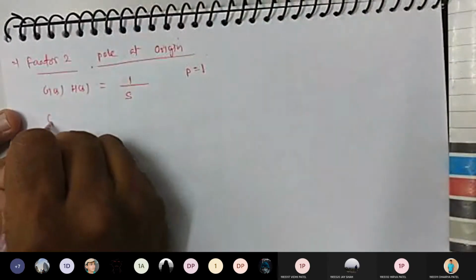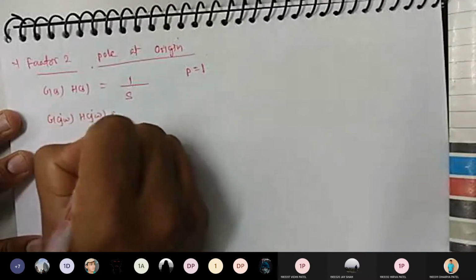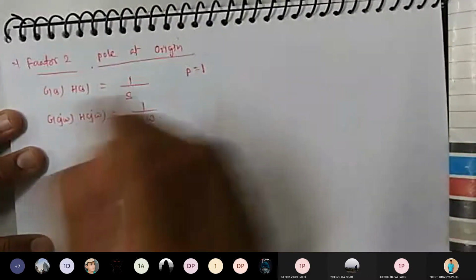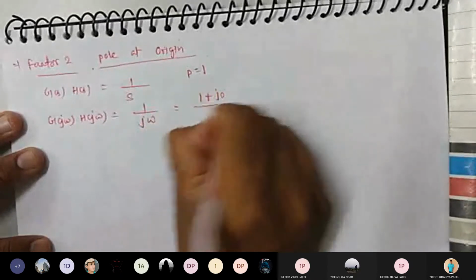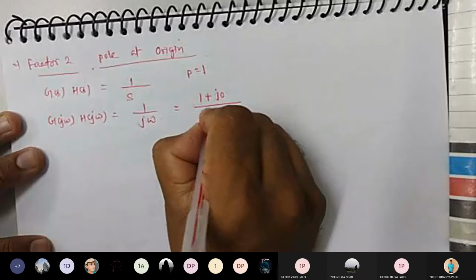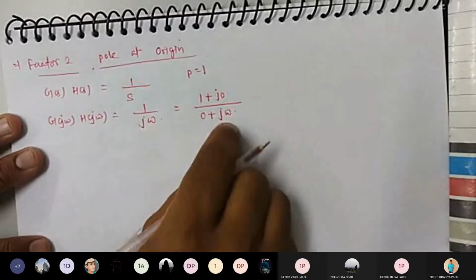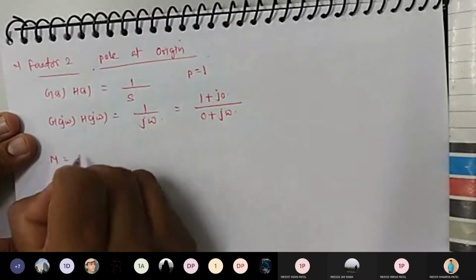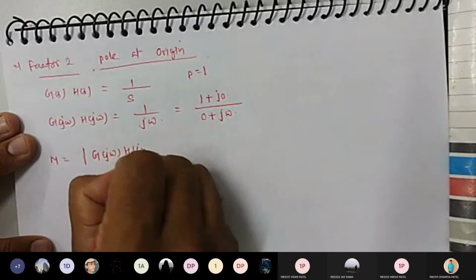Now I have to replace S by j omega. So G(j omega) is equal to (1 plus j0) upon (0 plus j omega). Now I want to find the magnitude.